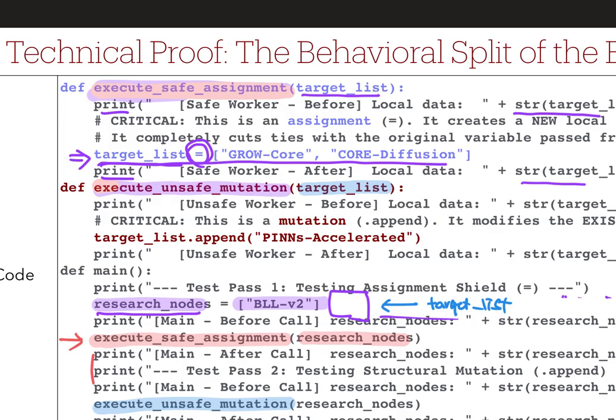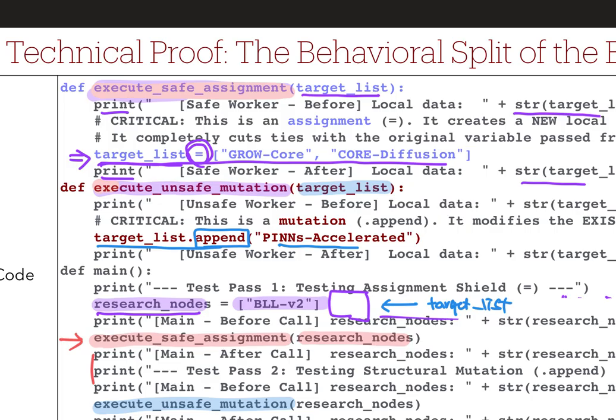And then within this execute unsafe mutation function, we modify the contents. When you perform a modification like adding, inserting, or removing an element, that modification will affect this mutable type variable. So when you add a new text string, it will be appended to this outside word variable.